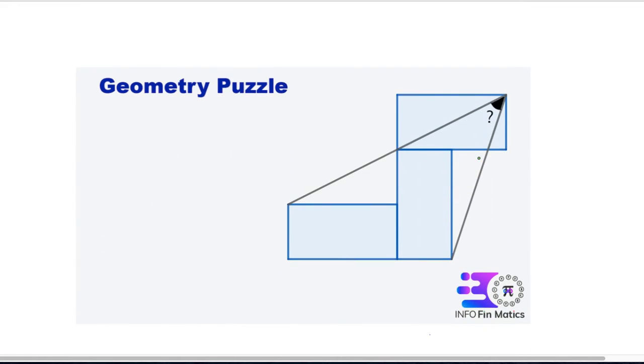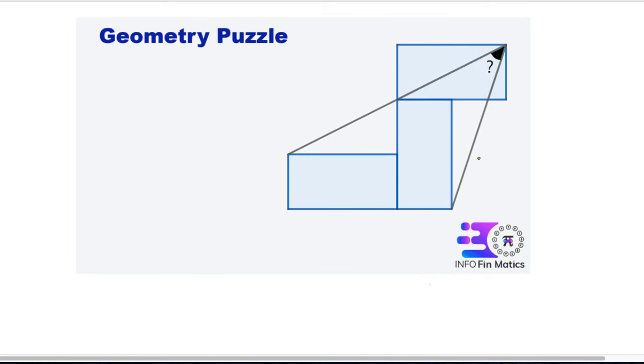Now let's look at a different possible way. Again, I'll connect this point with this. Now if you know that this angle would be equal to this angle, if you consider this to be alpha, then this is also alpha, alternate interior angles, as these two lines are parallel.